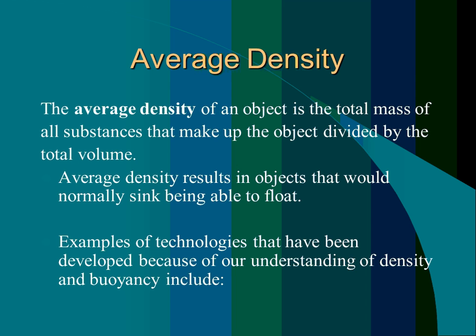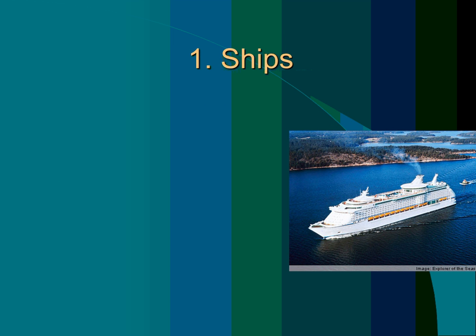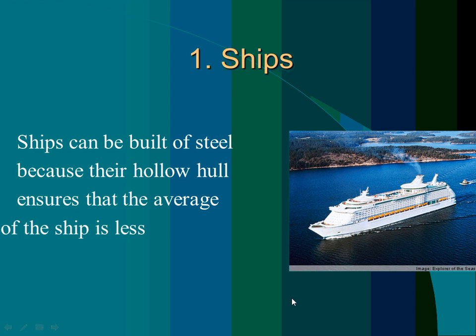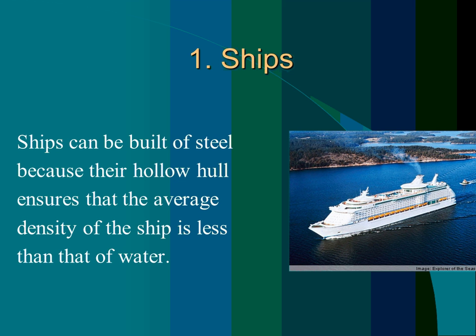Examples of technologies that have been developed because of our understanding of densities and buoyancy include ships. Ships can be built of steel because their hollow hull ensures the average density of the ship is less than that of water.